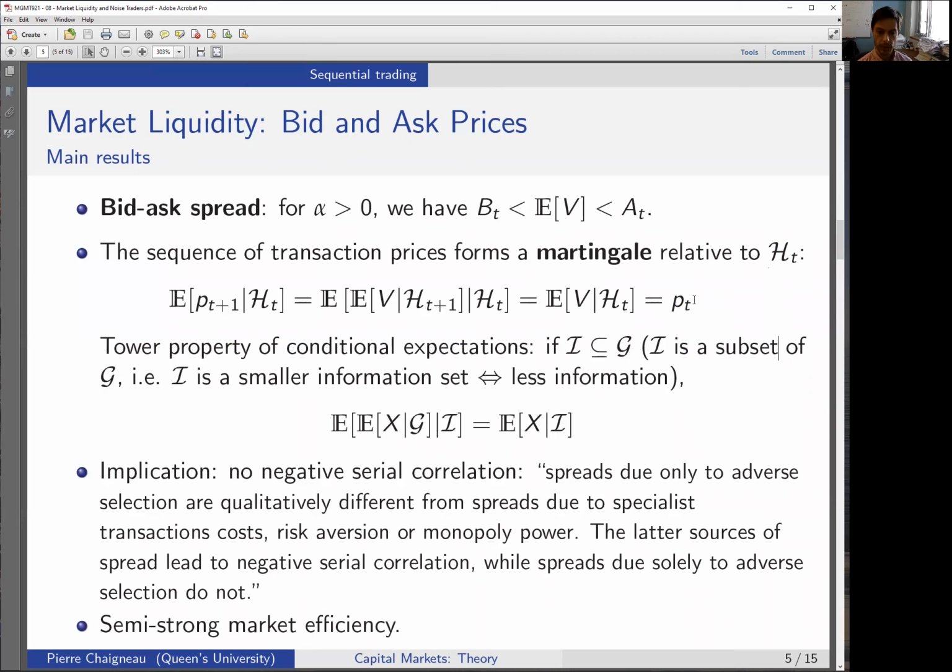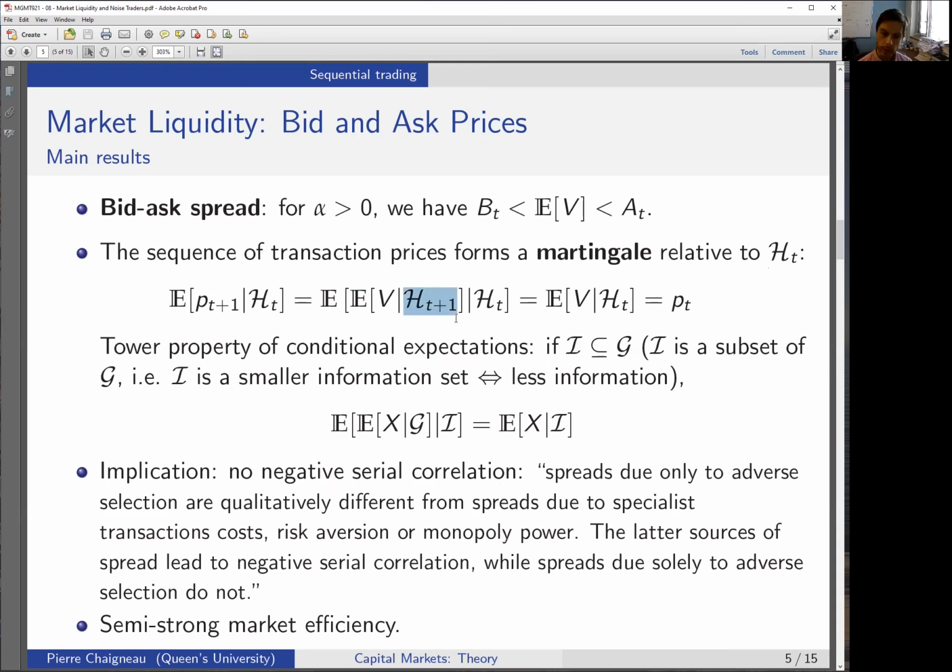So here P_t is the stock price today, and this is the expected stock price at time t+1, so tomorrow. So what is the expected value of the stock price tomorrow conditional on the information today? Well, we know that by definition, the stock price tomorrow is the expected asset value conditional on the information that we have tomorrow. Okay, so if we just replace P_{t+1} by this expression in the conditional expectation, we have this. But now note that there is more information in H_{t+1}.